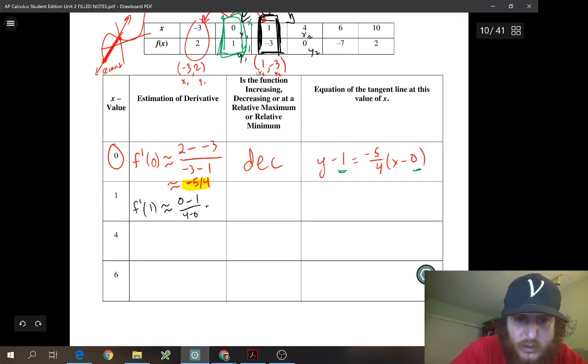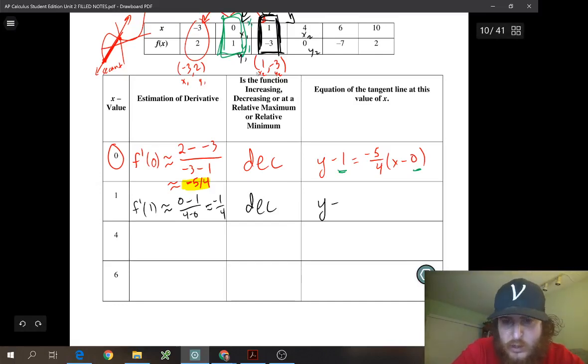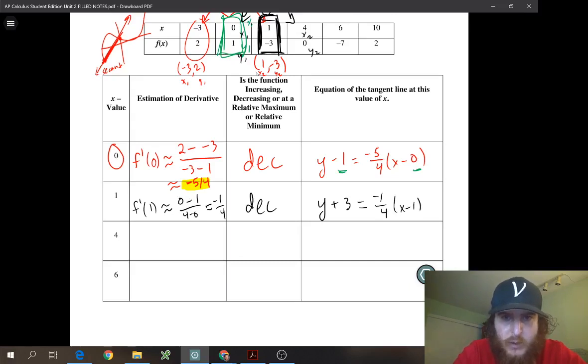So we get that it's approximately -1/4. And again, we have another negative answer, so we're going to be decreasing. And we end up with y plus 3 equals -1/4 times x minus 1, because that's our x1 and y1. Okay, we can do it again for 4.